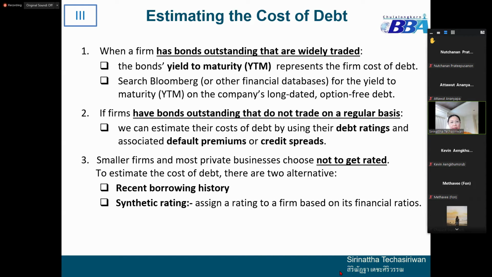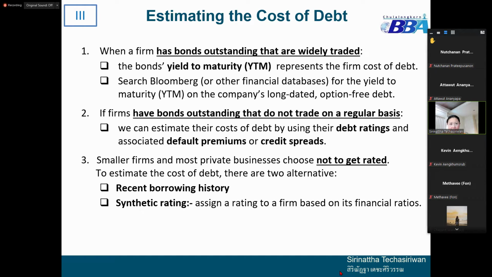Okay, but when time passed, suppose that company debt is triple B rated. Five years ago, investors may require a return of maybe 6% from a triple B rated bond because of high inflation and so on.